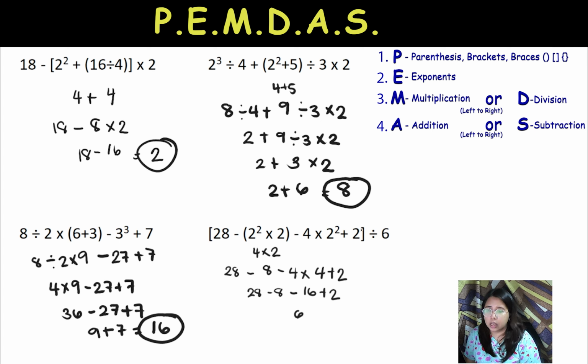Okay. Ngayon, nakuha na natin yung quantity nung nasa loob ng brackets natin, and then we proceed with the equation outside the brackets. Okay, and that is division by 6. Okay, so 6 divided by 6 is equivalent to 1. So, ang final answer natin is 1.